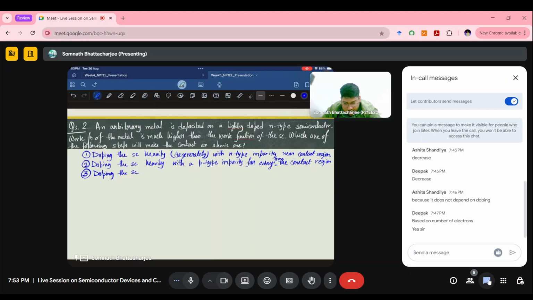Third, doping the semiconductor lightly with a p-type impurity near the contact region.